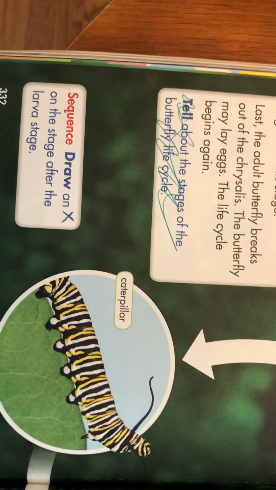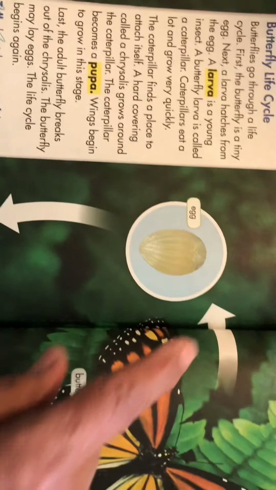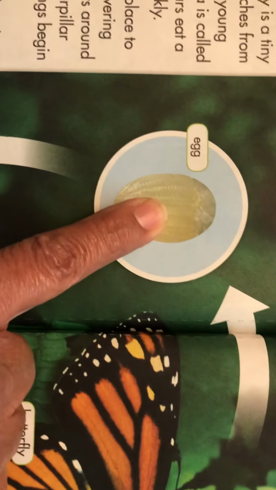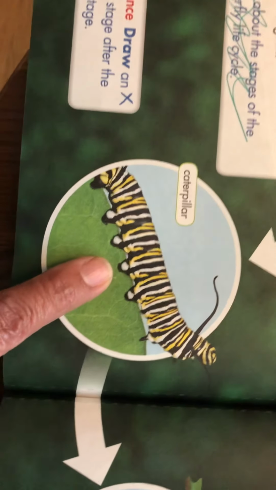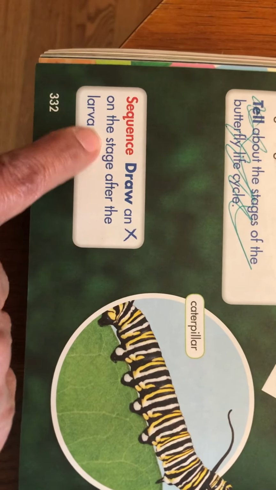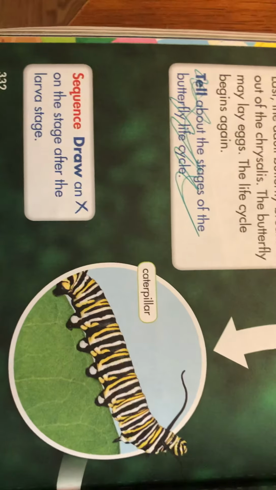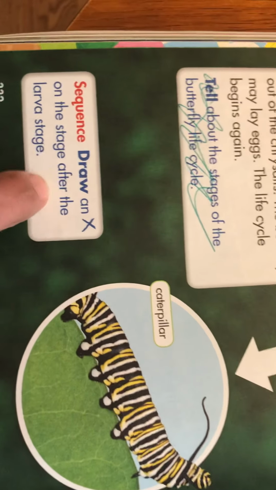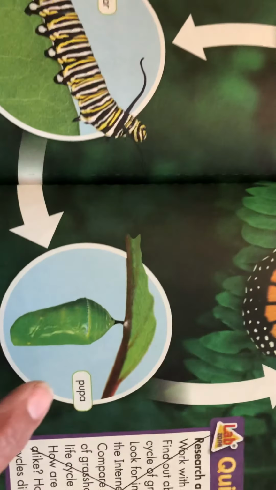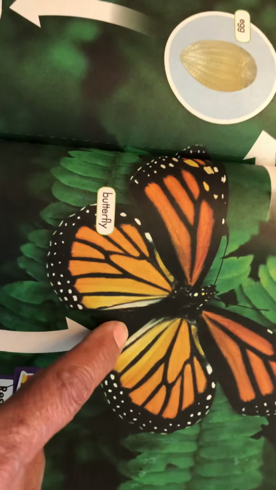Okay, then it says, here's the egg of a butterfly. Here's the caterpillar. It says, draw an X on the stage after the larva. So here we have an egg, caterpillar. Here we have the pupa. And here we have the butterfly.